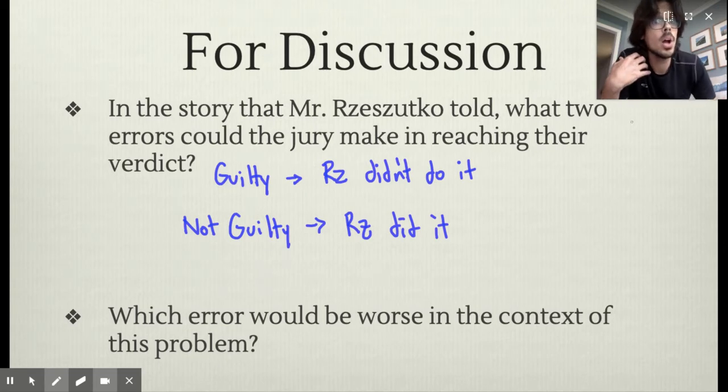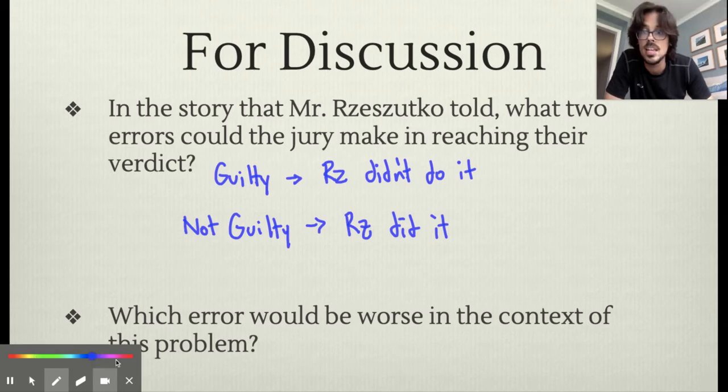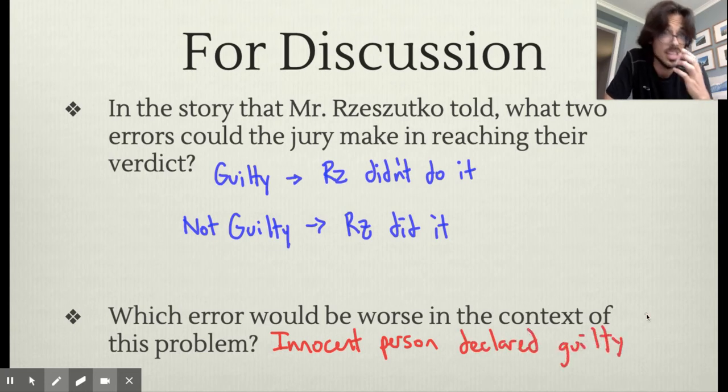So I would hope under our country's philosophy, now the reality is that there are issues with our justice system, et cetera, but the idea that our system is built upon is that declaring an innocent person guilty would be really bad. So an innocent person declared guilty would not be a good thing at all.